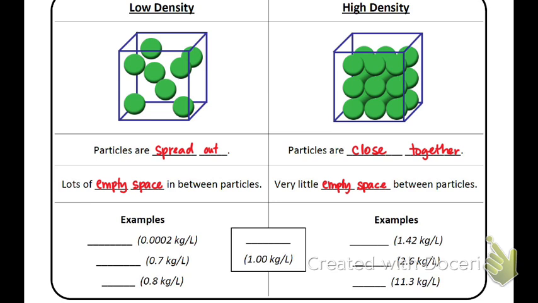So some things that have really low density, 0.002 kilograms per liter. This is helium. That's a really low density. Still pretty small, 0.7 is the density of gasoline.